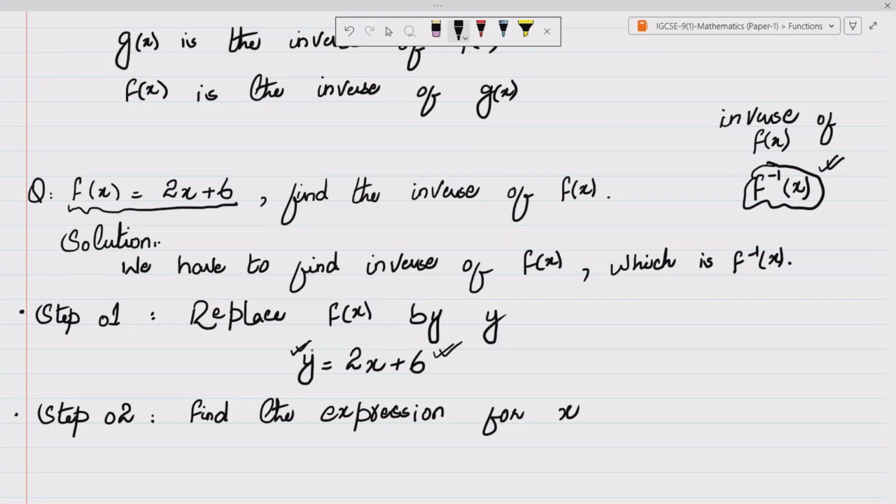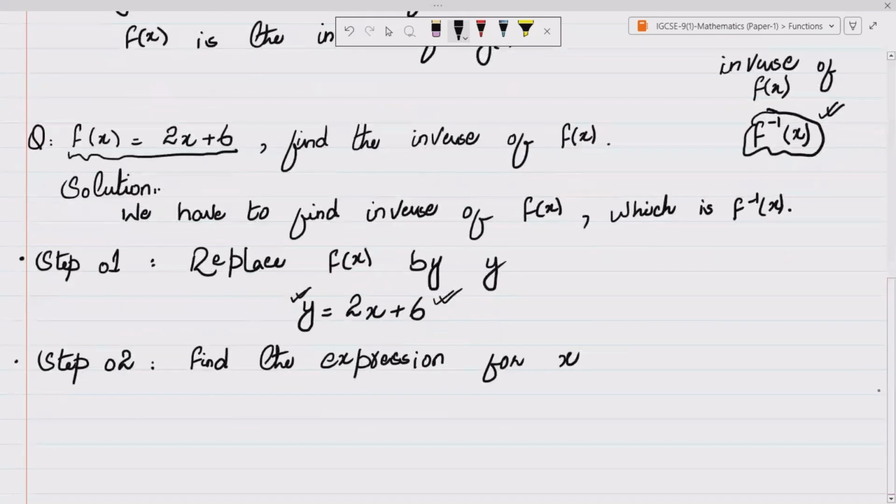So in step 2, find the value of y, and not just the value, find the expression for x. What does it mean? Here y is on one side and all the other things on the other side. You have to make x on one side and all the other things on the other side. So actually we have to find the expression for x.